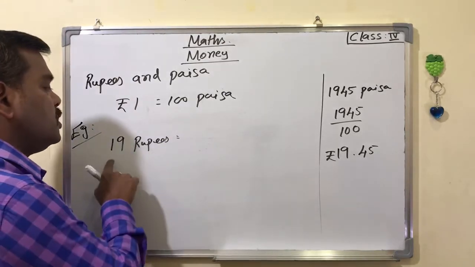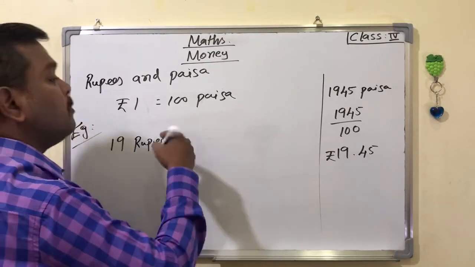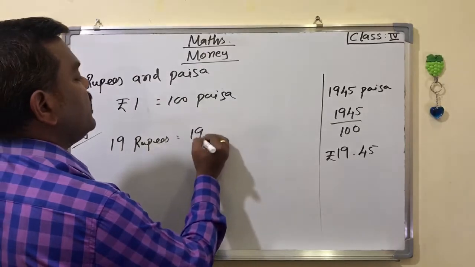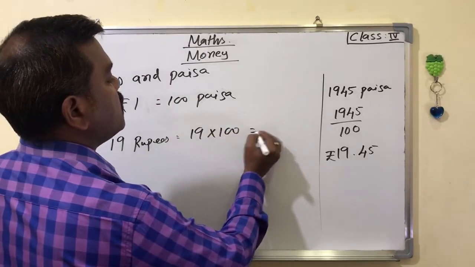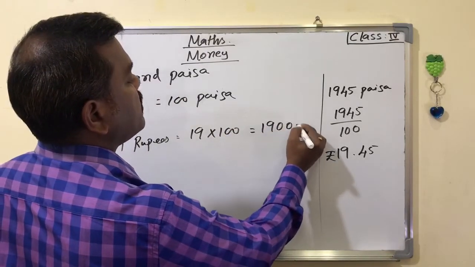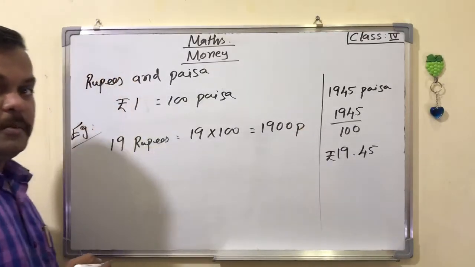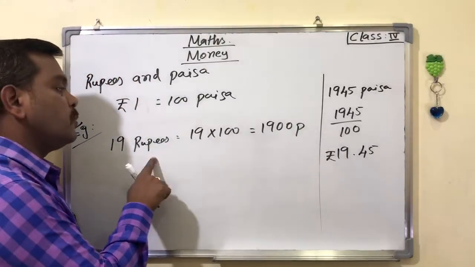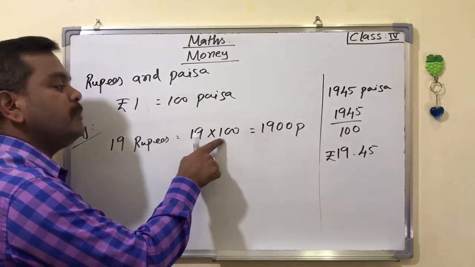To convert rupees to paisa, you have to multiply by 100. So 19 into 100 is equal to 1900 paisa. So to convert rupees to paisa, you have to multiply by 100.